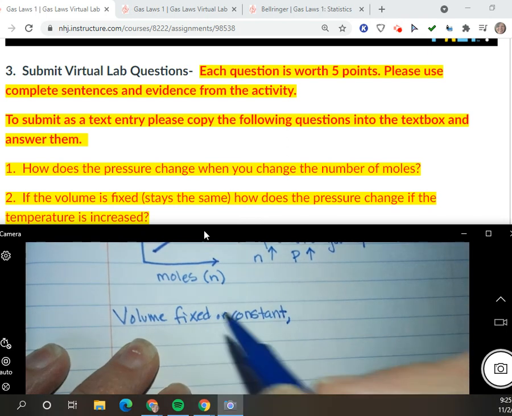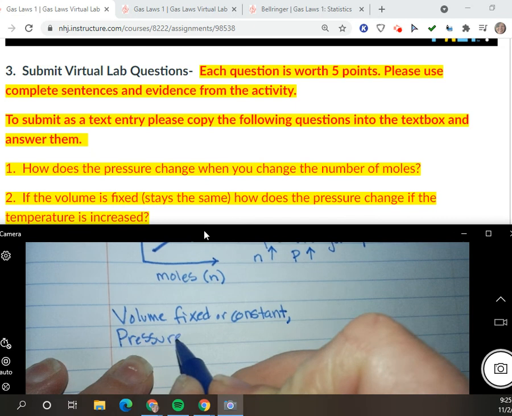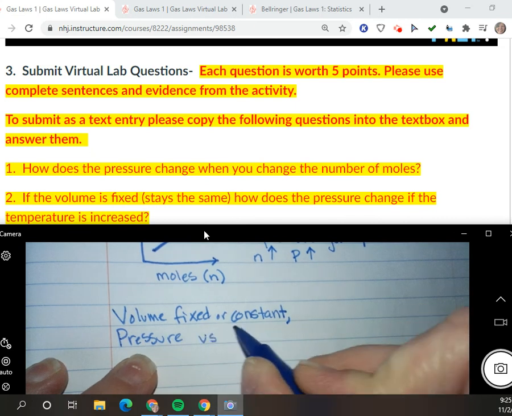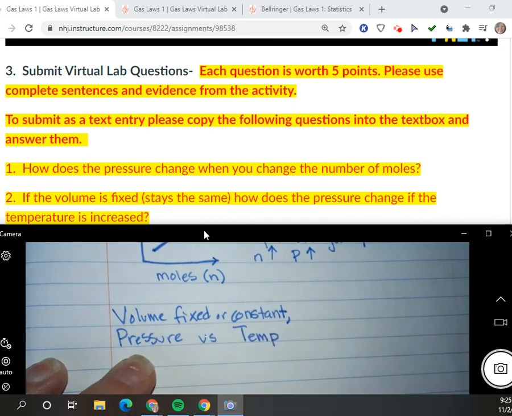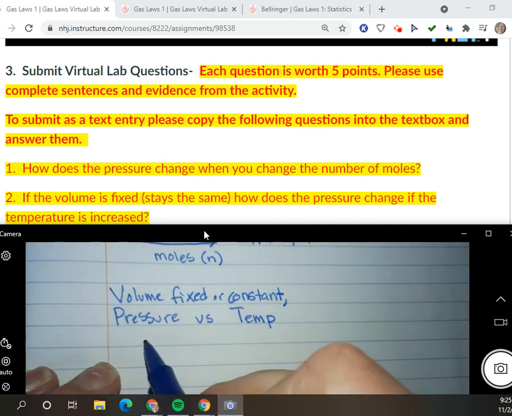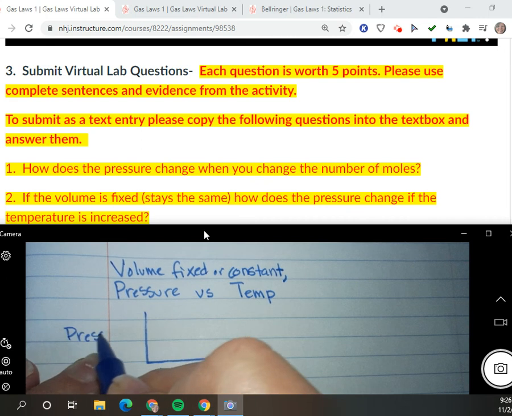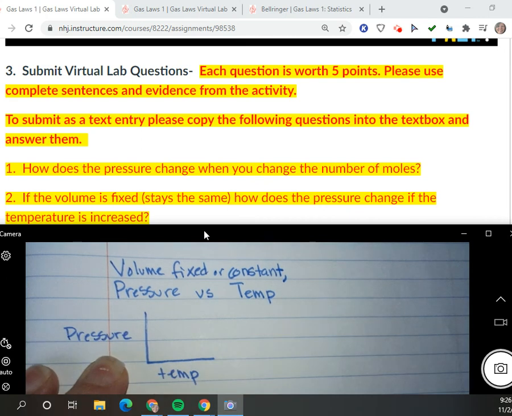So we're going to compare pressure and temperature. Okay, so we'll have a graph. We'll do the same kind of generic relationship graph with no numbers.